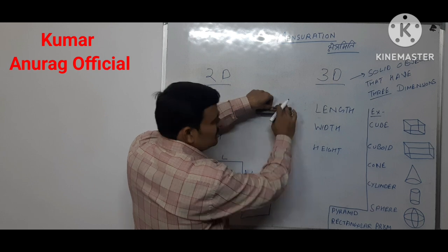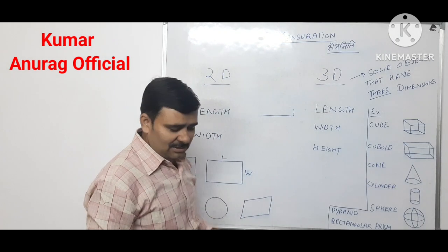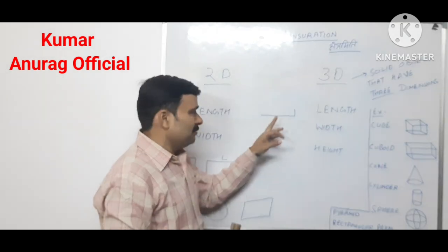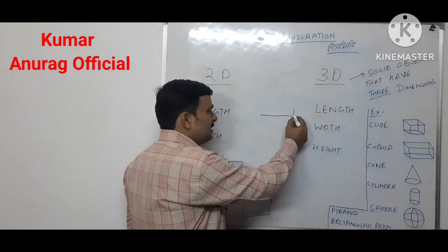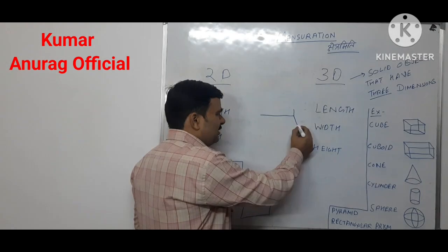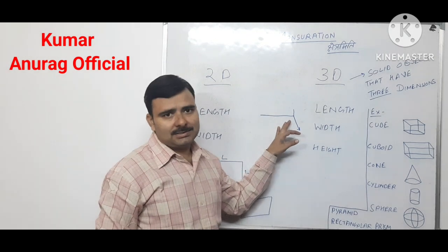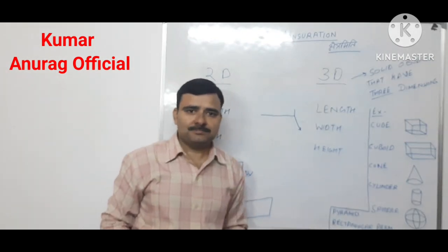So you can differentiate between 2D and 3D shapes: in 2D shapes there are only breadth and length, breadth and width, but in 3D shapes there is another dimension that is called height. Further, we will study these.